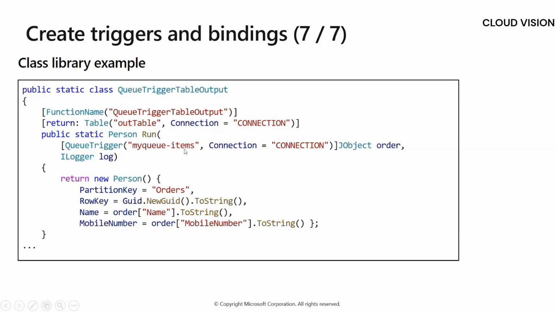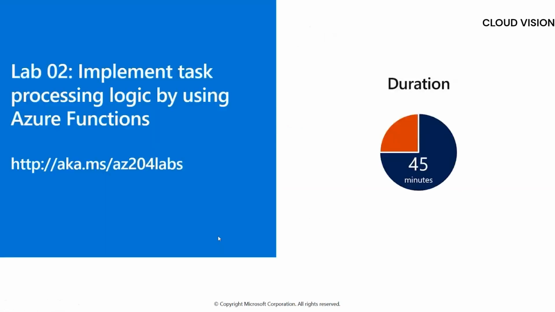So whenever you add an item into this queue within this connection string, then that item is passed to this order variable, which I'm using here. So every time you add an item to this queue in that connection string, it will fire this run method. So this is an example of your triggers, and you have to work with it.